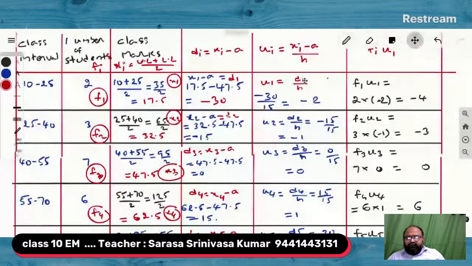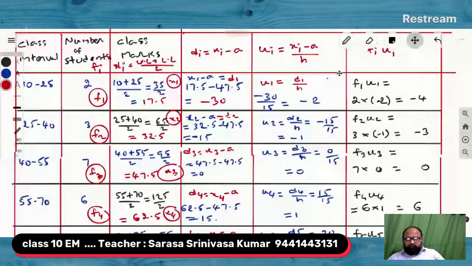Now, let us observe this. U1 equal to D1 by H. We have taken H equal to 15. So U1 equal to minus 30 by 15, which equals minus 2. u2 equal to d2 by h. d2 is minus 15, h is 15, so minus 15 by 15 equal to minus 1.